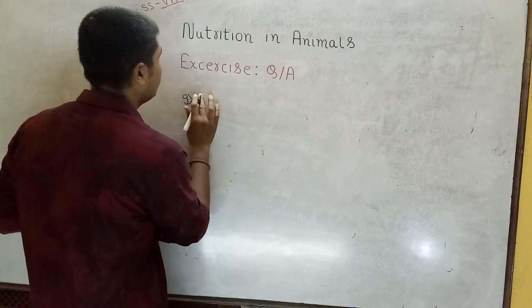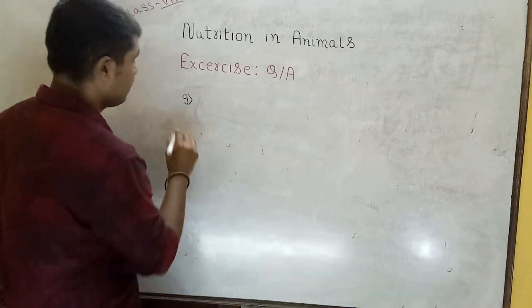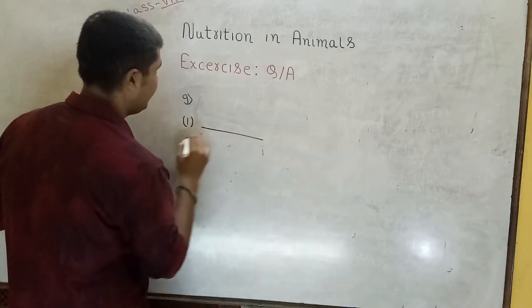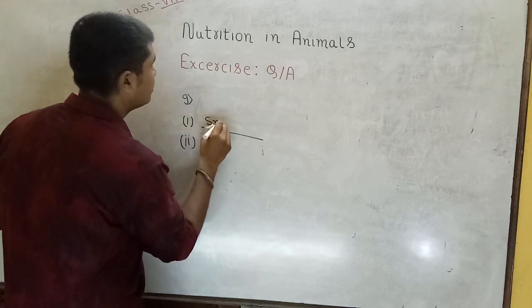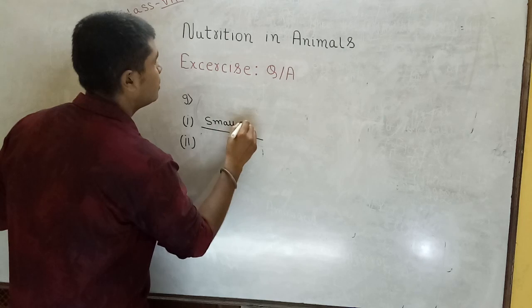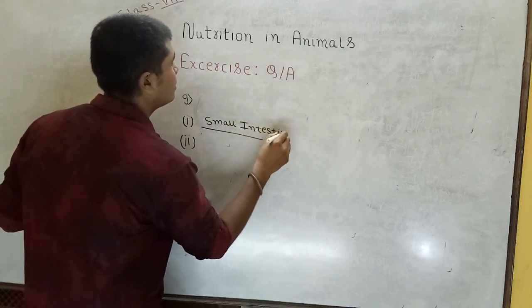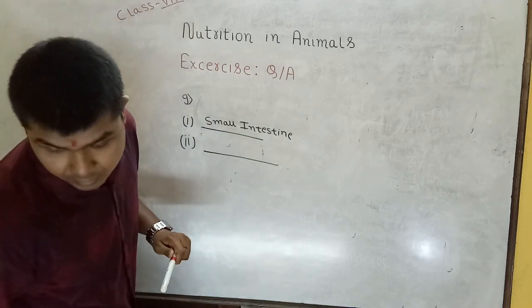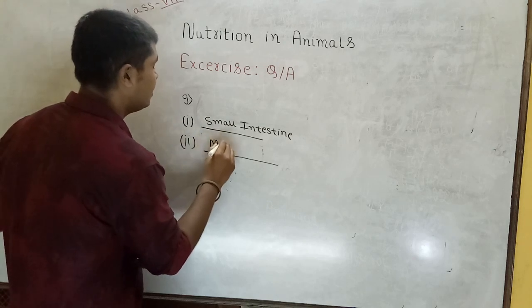Absorption of food, the answer will be small intestine. Question number 2 is chewing of food. The answer will be a mouth.